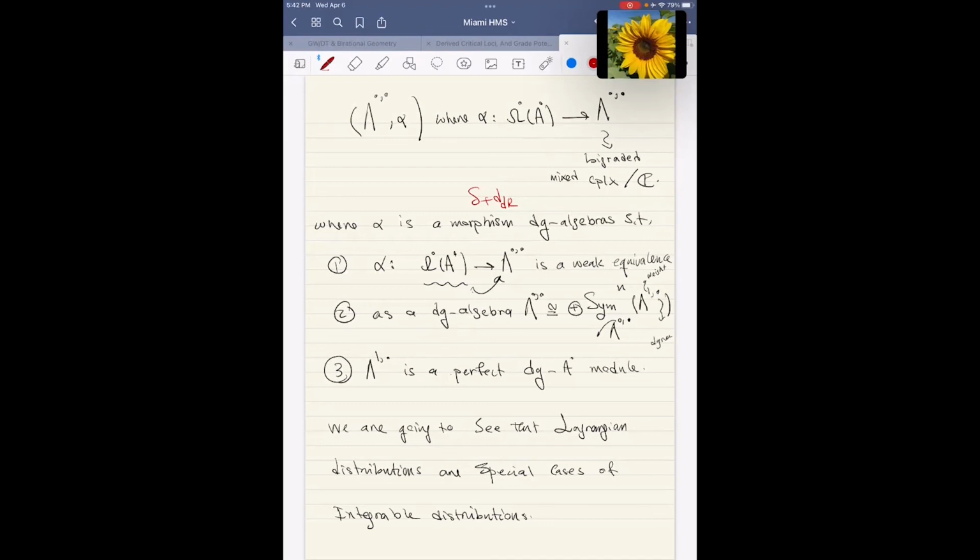Then we don't call it a distribution that way, at least. That forces some condition on lambda dot dot. That's kind of a trivial case.